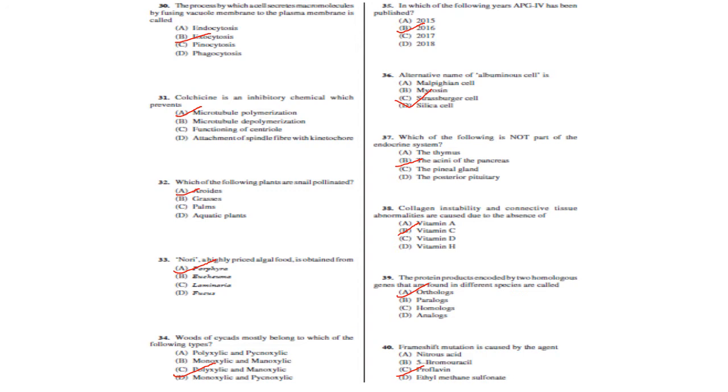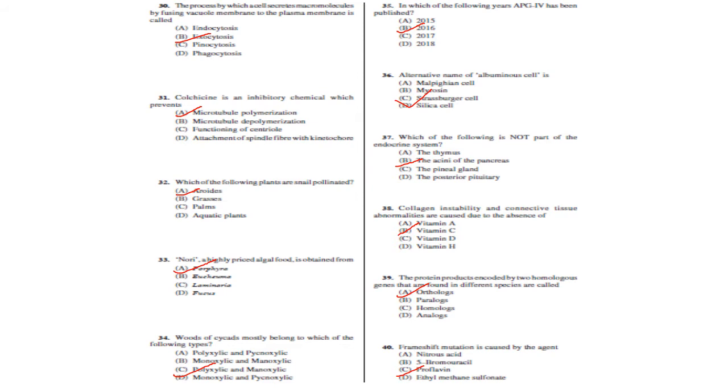Then frameshift mutation is caused by the agent. So they are caused by intercalating agent. Here an example of an intercalating agent is proflavin. Answer is option C. Intercalating agents are of the same size as a nucleotide and they produce mutation by intercalating between adjacent bases in DNA and thereby distorting the three-dimensional structure of the DNA and causing single nucleotide insertions or deletions during replication.